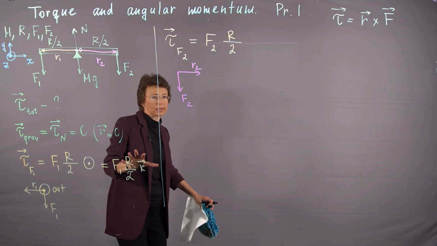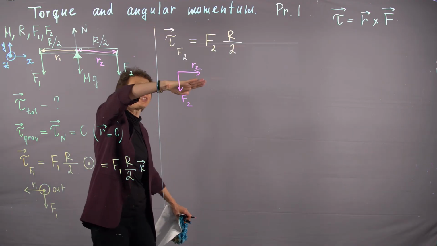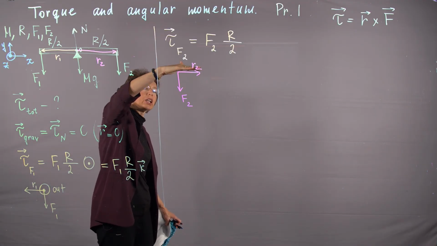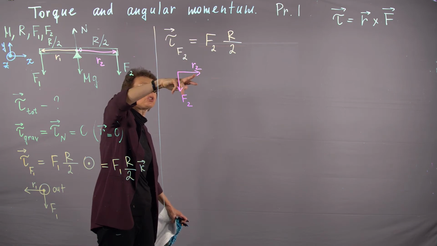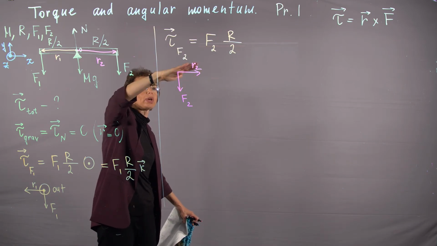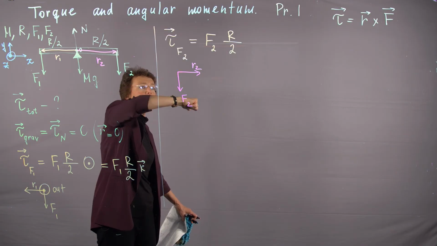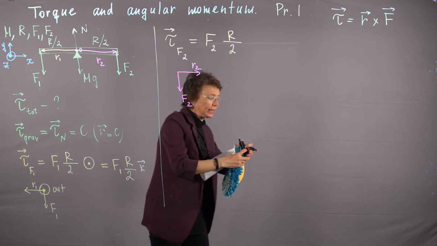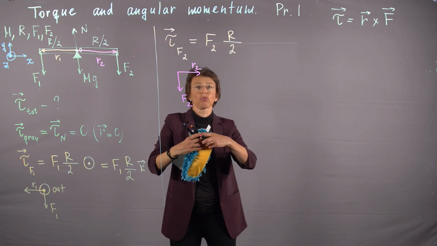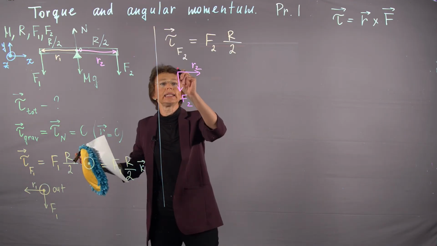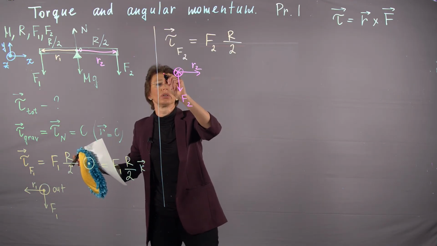My choices are in or out. You probably already guessed the answer, but I'll still do it. My fingers are along R2, and I bend them towards F. I cannot switch the order: it is from R to F. My thumb shows direction in. So the direction of this torque is into the page.